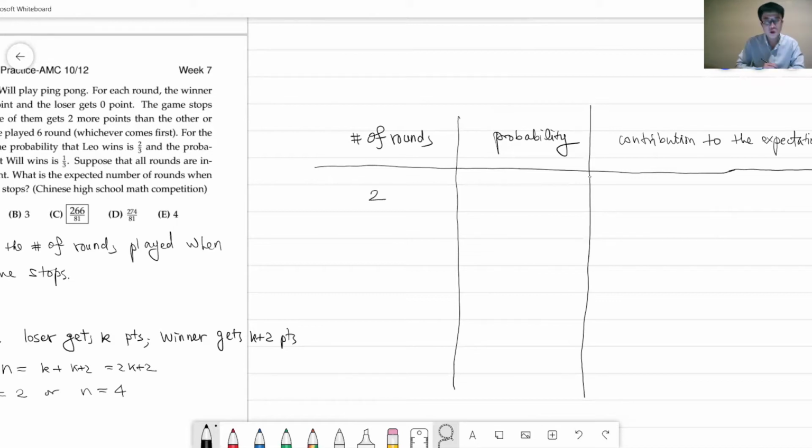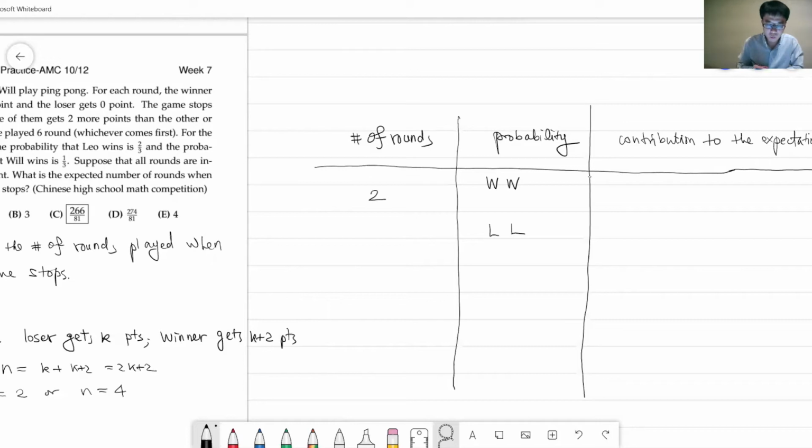Now let's consider 2. If n equals 2, what's the probability? Okay, we only played 2 rounds, one person wins. There are only 2 cases. Either William wins, okay? Let me use this notation. If I use W, it means William wins the game. If I use L, it means Leo wins the game. There are 2 cases.